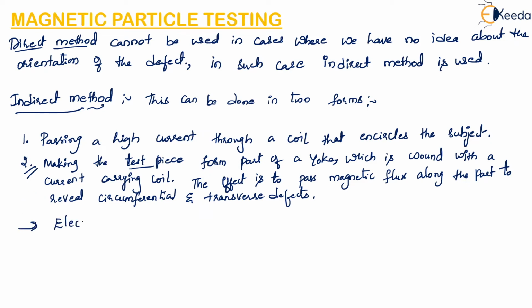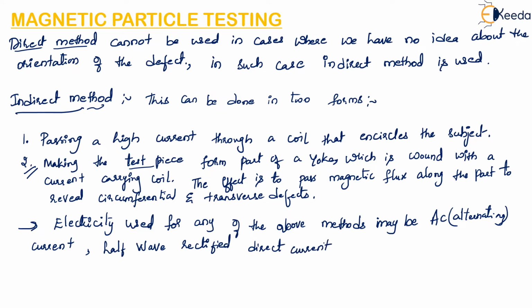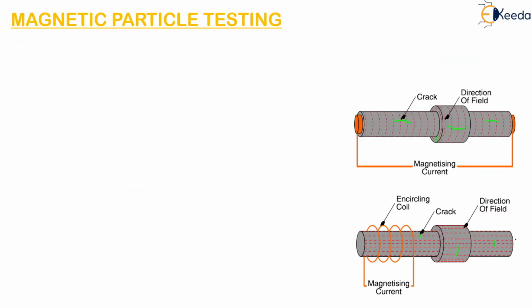So electricity used for any of the above methods may be AC current, that is alternating current, or half wave rectified direct current, or it may be full wave rectified direct current. I will simply write it as DC.